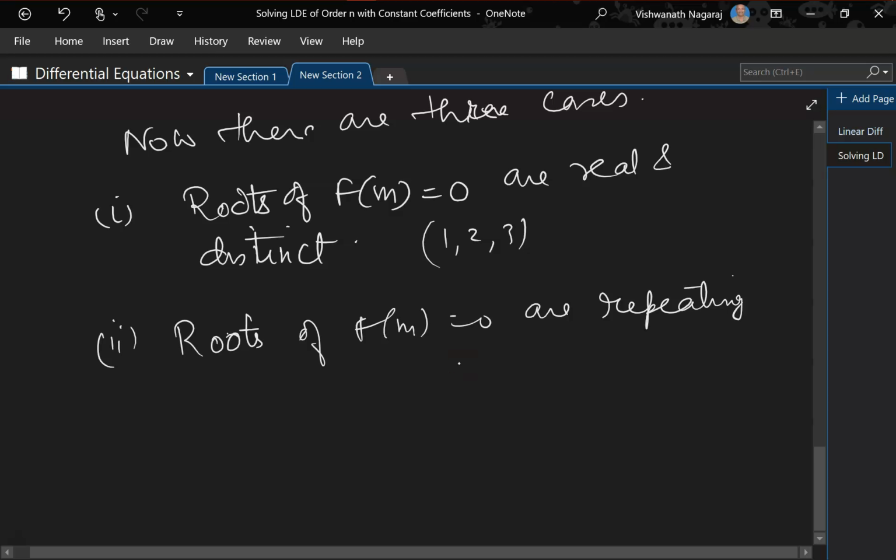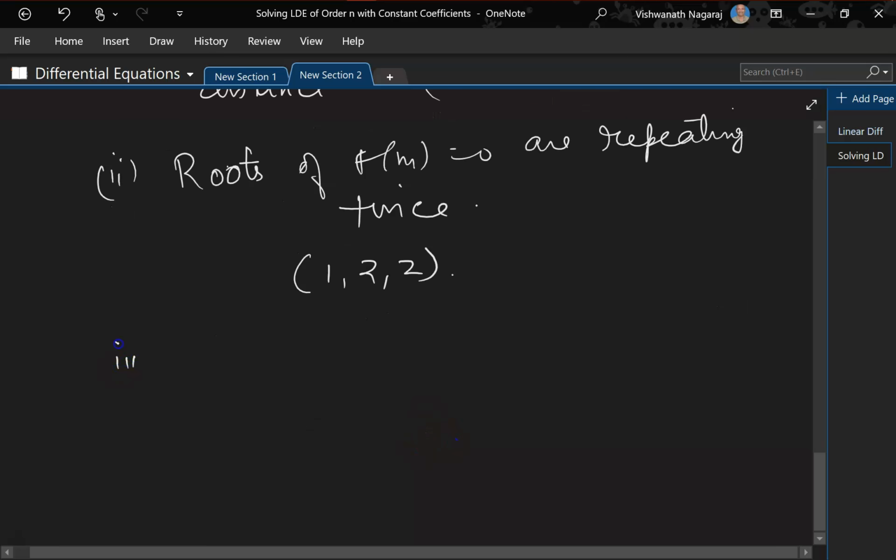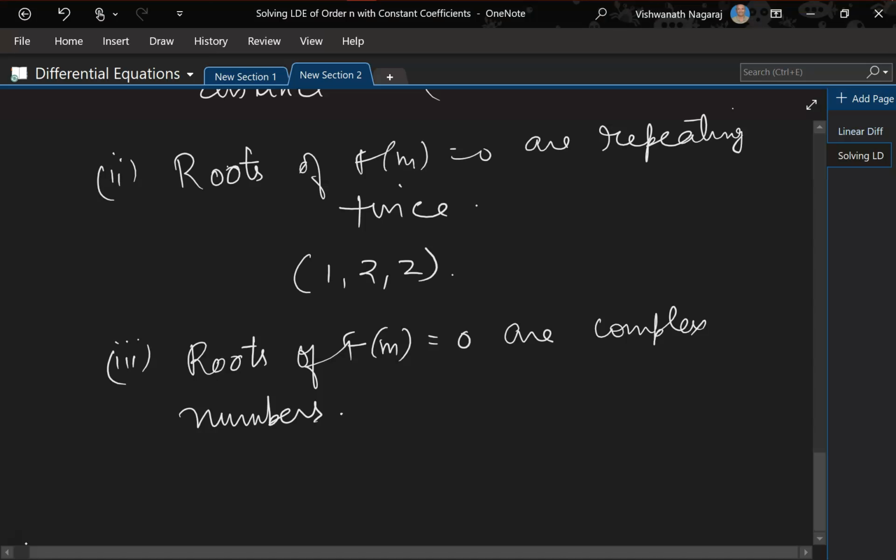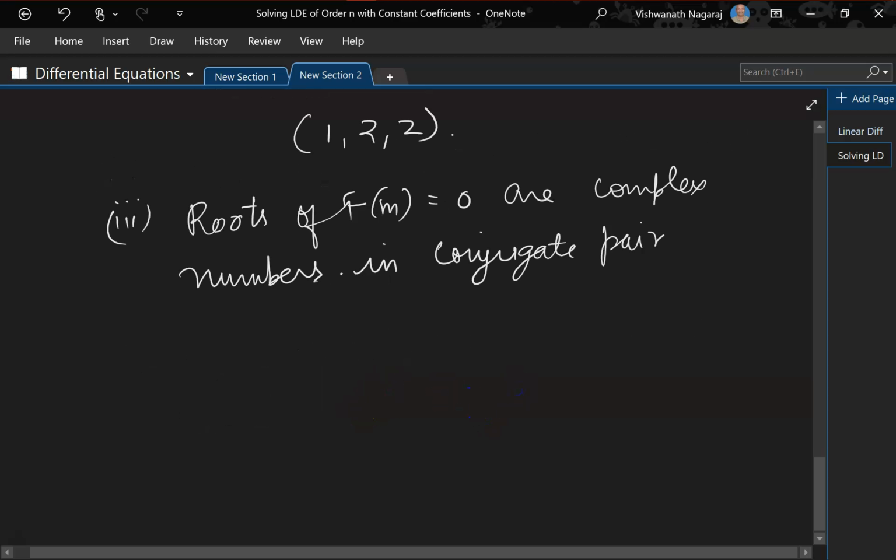For now, let's look at repeating twice, say for example 1, 2, 2. And the third case is roots of f of m equal to 0 are complex numbers. And if you know the theory of equations, you know that these complex numbers would be in conjugate pairs. Okay, let's take these cases one by one and see how to solve these equations.